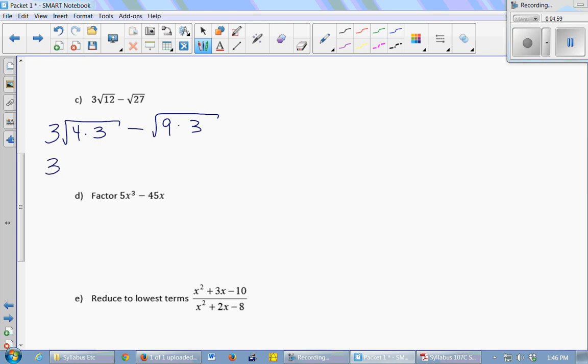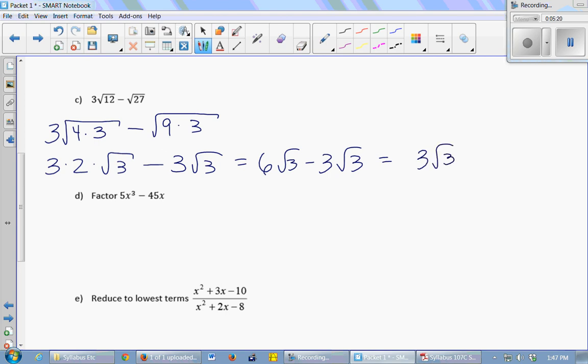So this becomes 3 times 2 times the square root of 3. And then 9 times 3, the square root of 9 simplifies to a 3. So this is now 6 root 3 minus 3 root 3, which is 3 root 3. Okay, so that's how we simplify radicals. And when you add and subtract radicals, you treat them like terms, as if they were an x.